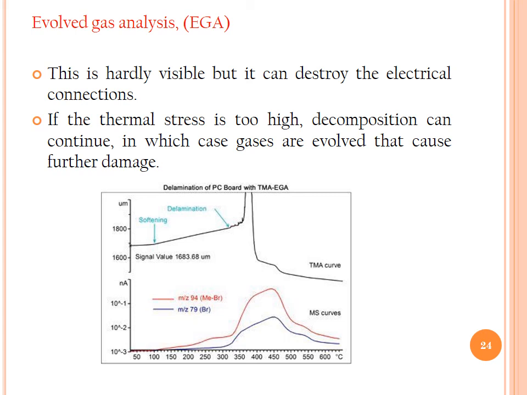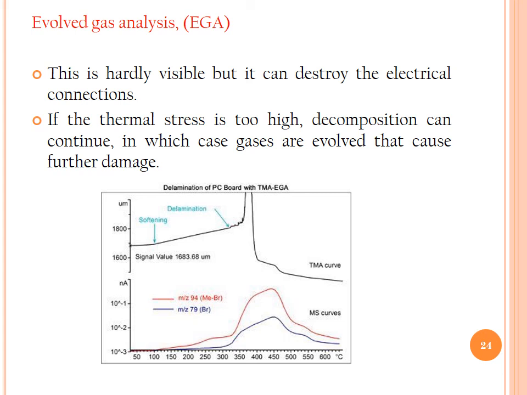From the delamination of PC boards with TMA EGA, we can easily assess the stability of these types of boards if they are considered at high temperature. So these are some of the techniques that are hyphenated with TGA or TMA.